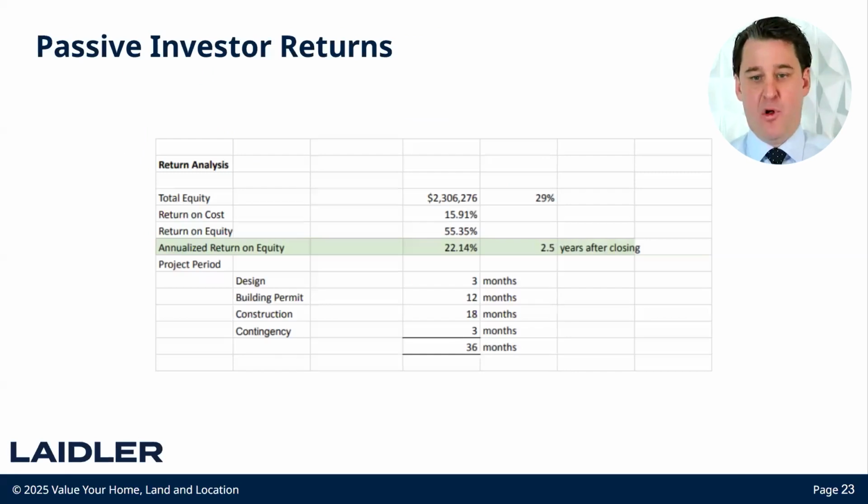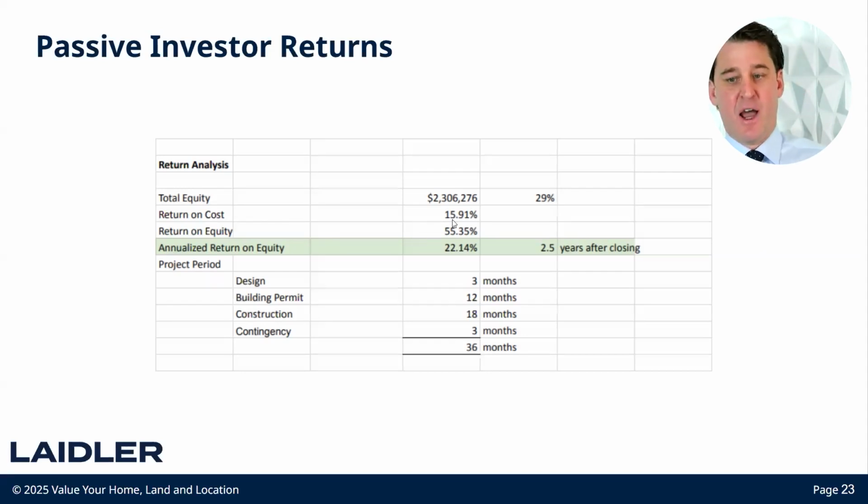As an example, for a 6-unit development in Burnaby, if you take the total project and look at the equity requirement, it is $2.3 million to build a 6-unit multiplex. This is approximately 30% of the project costs. The bank will finance the additional $6 million.